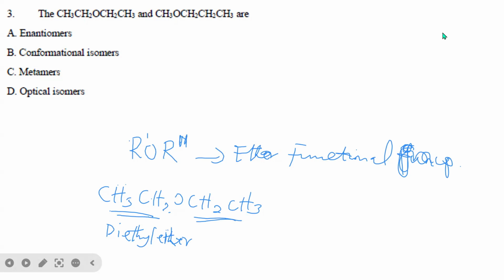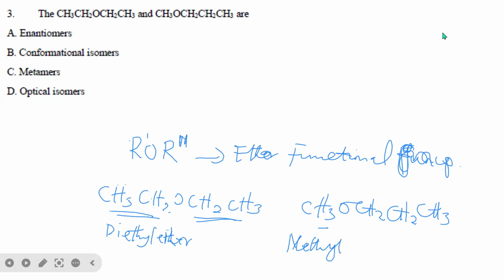But look at the other one. We have CH3, O, CH2, CH2, CH3. You see here, around the O, is methyl.